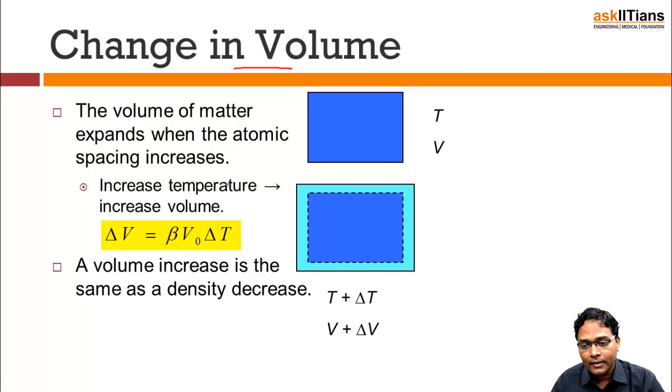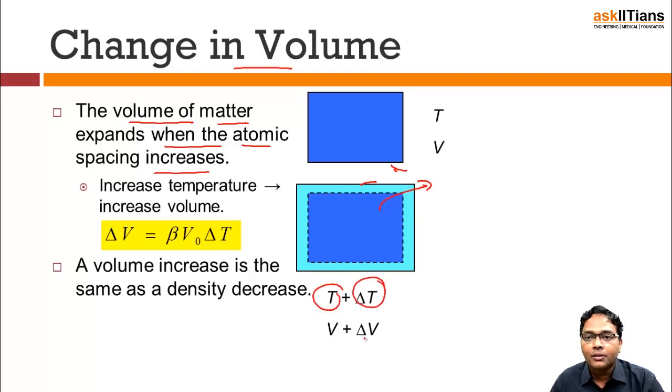So how exactly do we understand? We say that the volume of the matter expands when the atomic spacing increases, right? So if this was the original volume, finally this is the new volume. Effectively, because of a change in temperature by an amount delta T, the volume also changes by an amount delta V. So an increase in temperature increases the volume.